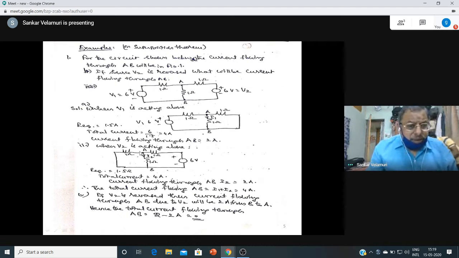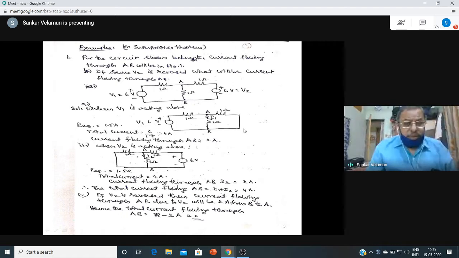The 1 and 1 are in parallel, in series with another 1, the equal resistance is the same, so the total current delivered by the second battery V2 of 6 volts is also the same. So the current through AB is also 2 amperes. This is a typical example, just to quote. So the total current flowing is 4 amperes because the current flows in the same direction from A to B.